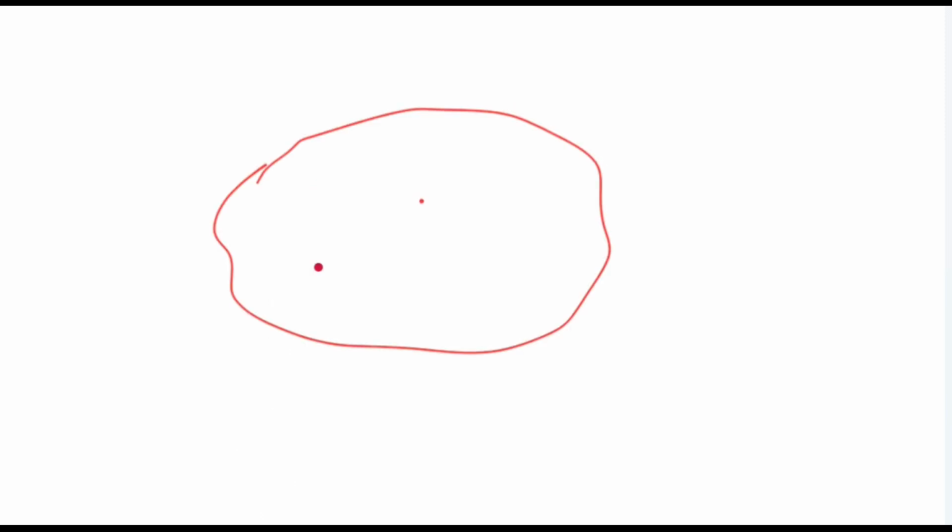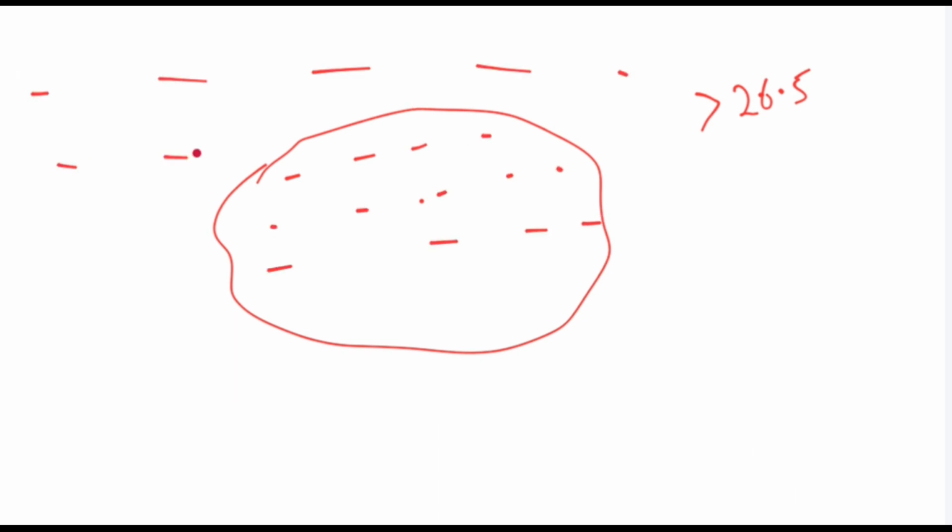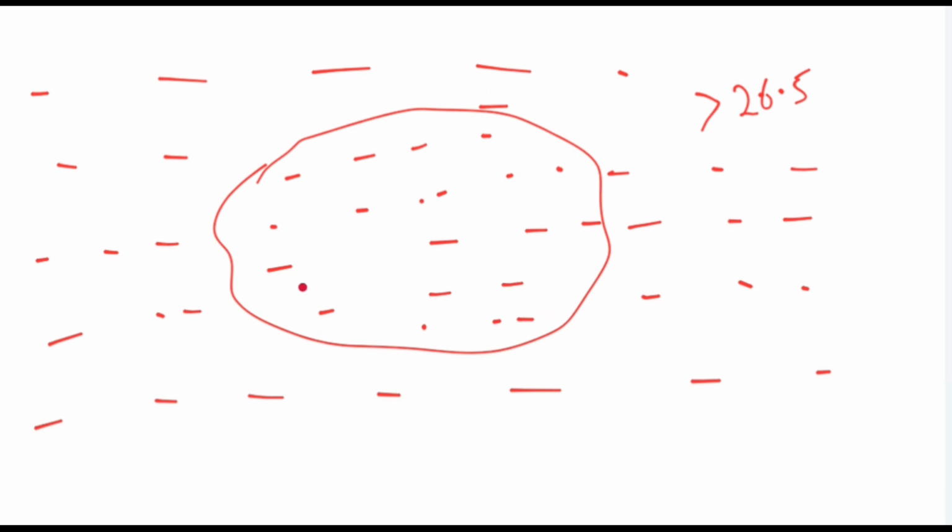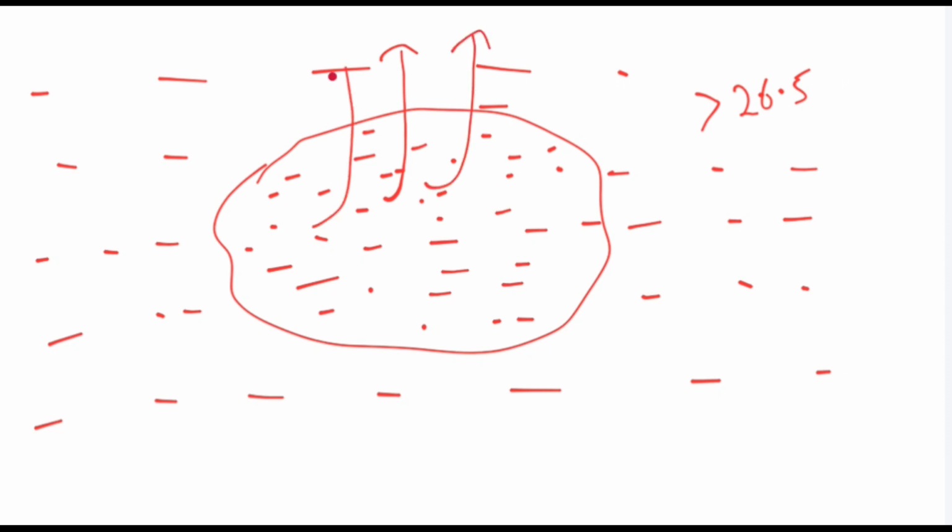First thing, suppose a portion of ocean gets hotter, where the temperature is greater than 26.5. Another part is also ocean, but this part is more hot. If it is hotter, then what will happen? Air will simply rise upward.